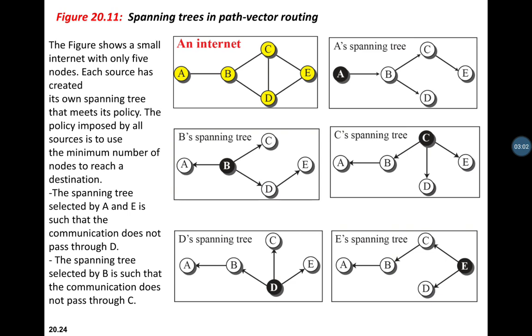So the spanning tree selected by A and E is such that the communication does not pass through D. The spanning tree selected by B is such that the communication does not pass through C. The spanning tree selected by C is such that the communication does not pass through D. Similarly, in the case of D, it does not pass through C. In the case of E, it does not pass through D. So, by considering the minimum number of nodes, spanning trees are also selected in such a way that communication does not pass through one of the routers.